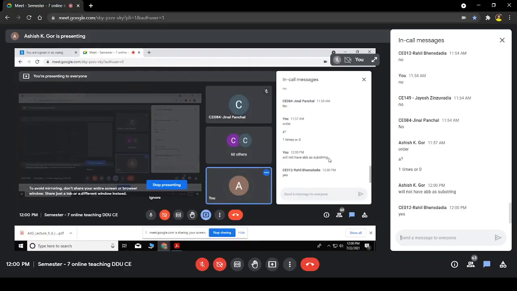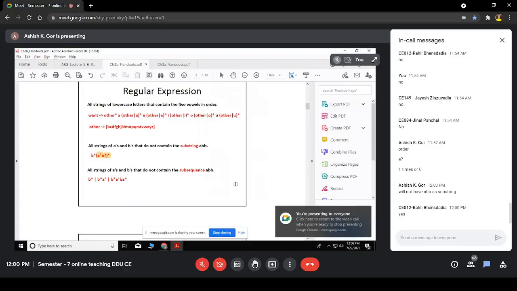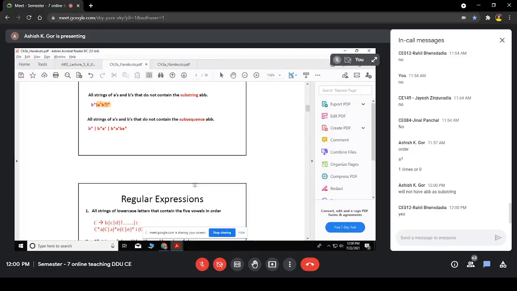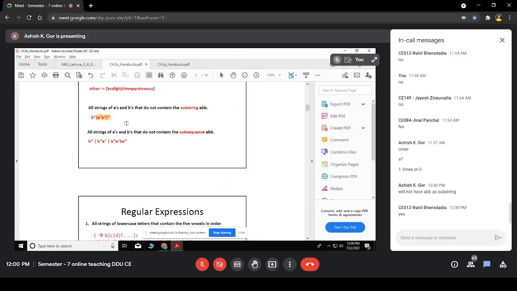The one last one, then I will not continue with this regular expression. There is just one difference here. Substring was here, now it is subsequence.